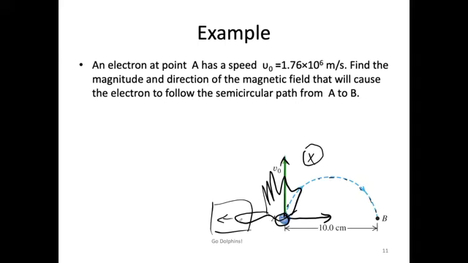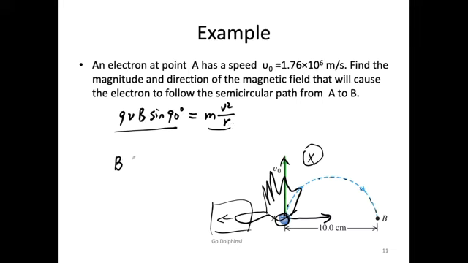Now the magnitude of B. We know QVB sine 90 degrees equals m v squared over r. The magnetic force is a centripetal force. Basically, that's how we get this equation.